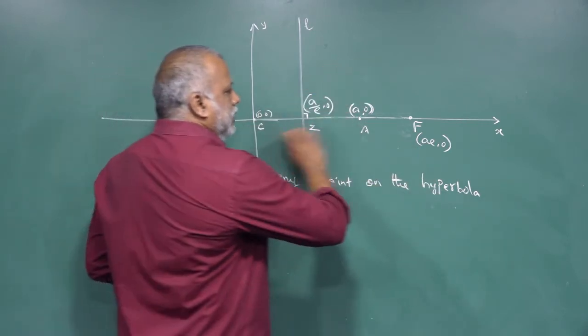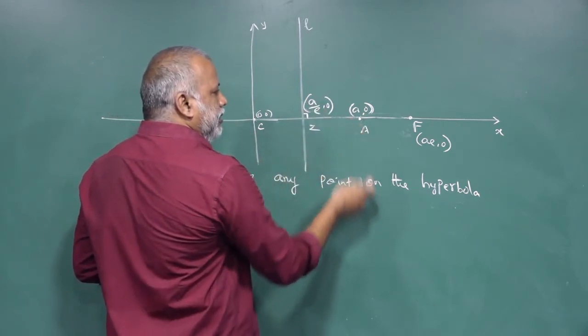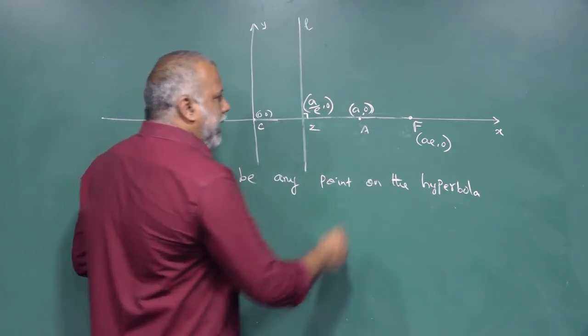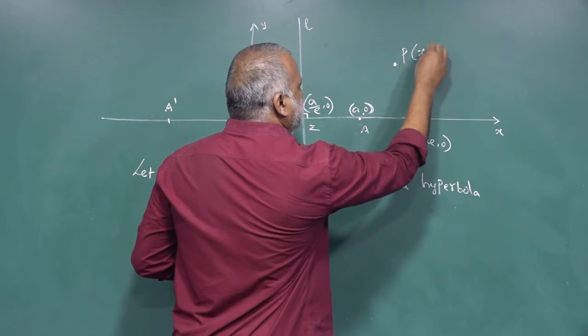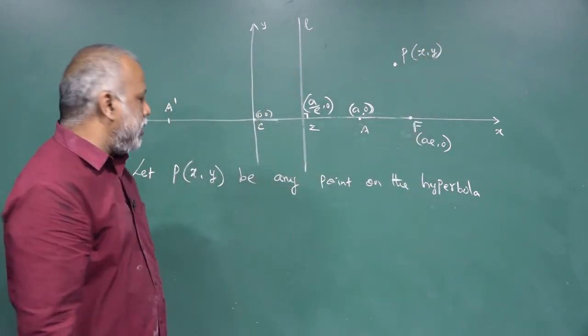See here, already we are taking 3 points: Z (a/e, 0), A (a, 0), F (ae, 0). Now I am taking P(x, y) as any point on the hyperbola.